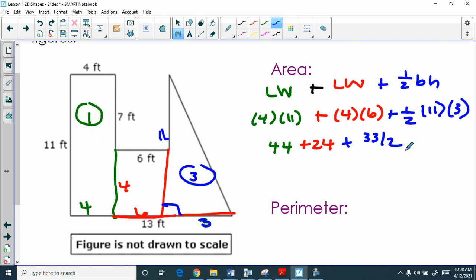And then we're just going to add all those together to get 84.5 feet squared.